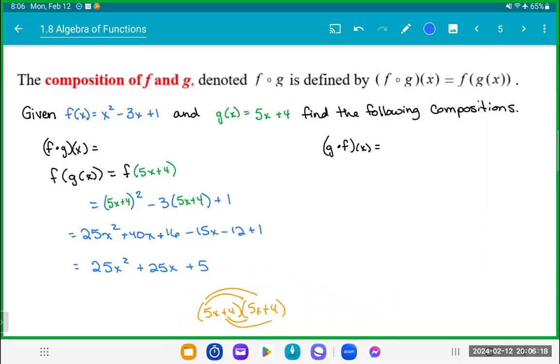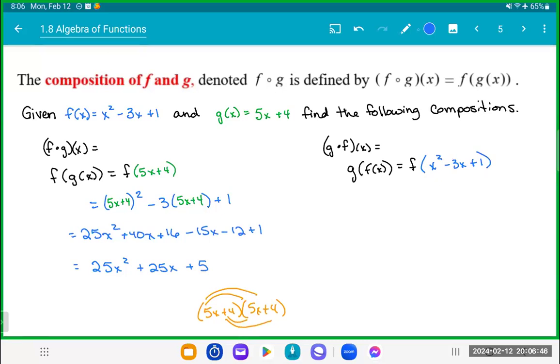All right, so if we do the same, but now we're going to take our g function, and every time we see x, we're going to substitute in our whole f function. That would be this one here, where we are g of f of x, which is x squared minus 3x plus 1.